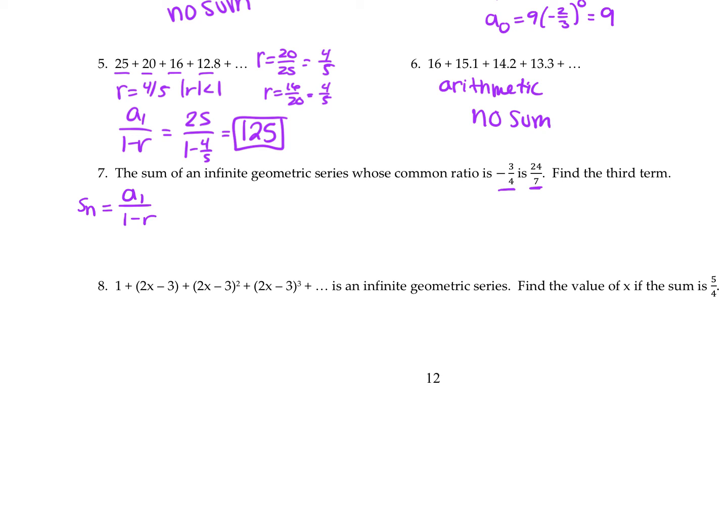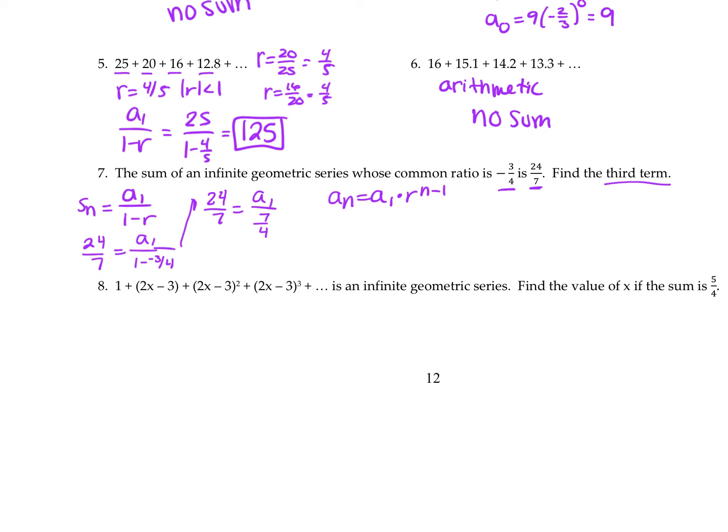And then I'm going to use a1 and my explicit formula after that to find that third term. So I know that the sum is equal to a1 over 1 minus negative 3/4. So I'm going to have 24 over 7 equals a1 over, well, 1 minus negative 3/4 would be 7/4.